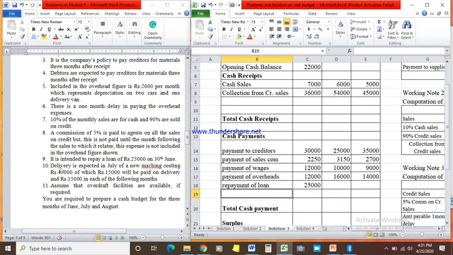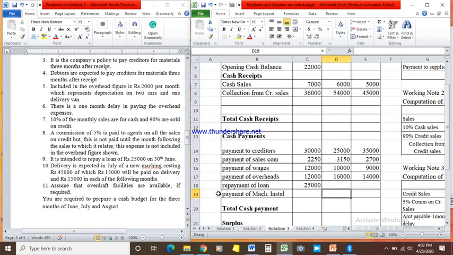Next, delivery is expected in July of a new machine costing 45,000, of which 15,000 will be paid on delivery and 15,000 in each of the following months. So I'll mention here the payment of machinery installment.